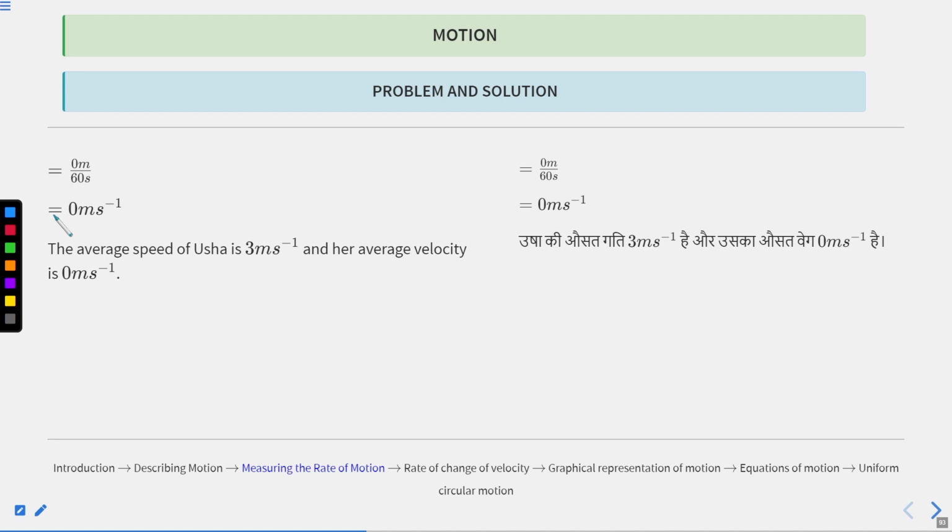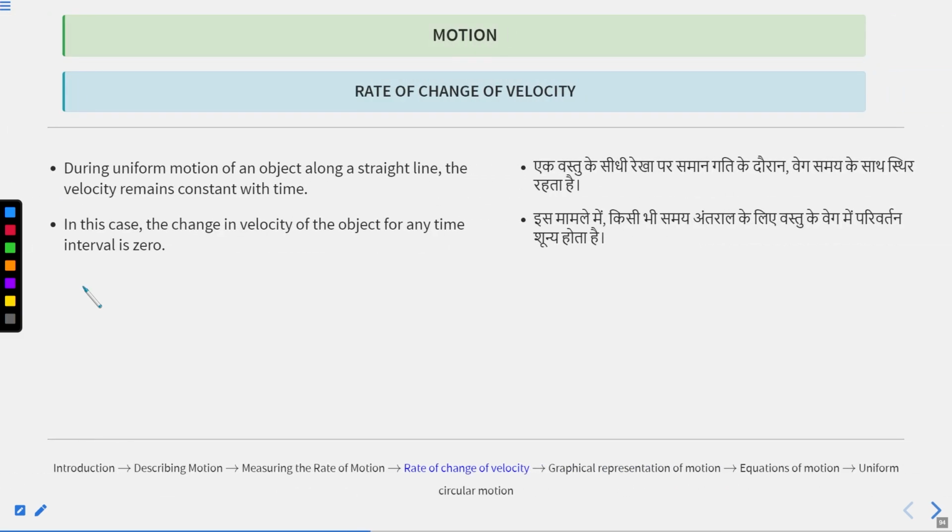So average velocity is 0 meter per second. So the average speed of Usha is 3 meter per second, but her average velocity is 0 meter per second, because displacement is 0.